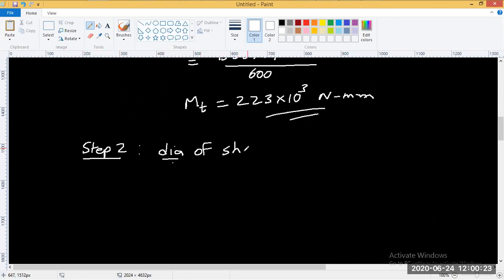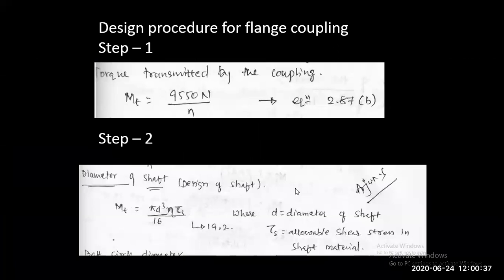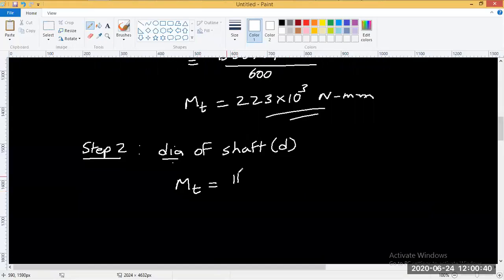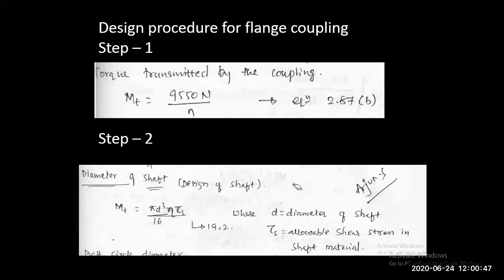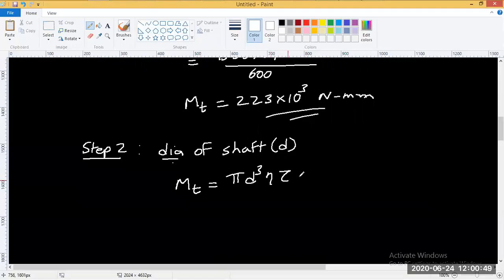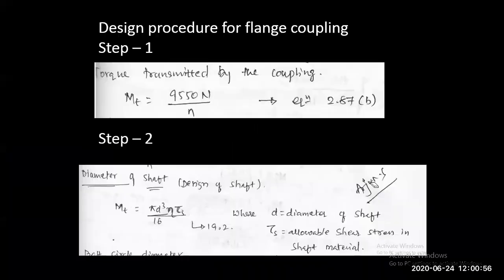This diameter of the shaft is denoted by D. It's given according to the equation MT equal to pi into D cube, then we have the efficiency and tau, by 16. So this is according to equation 19.2.